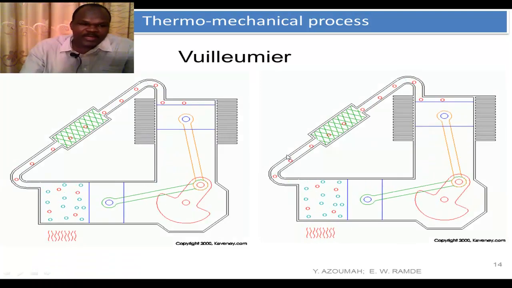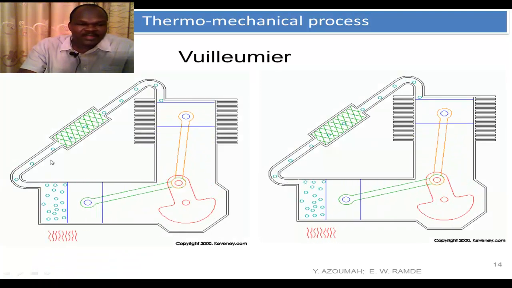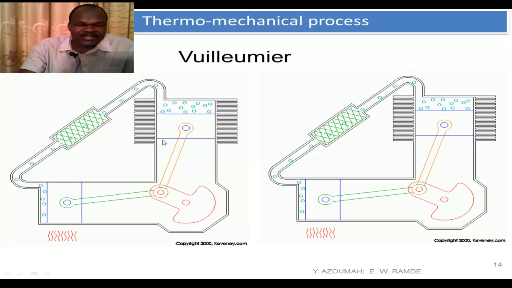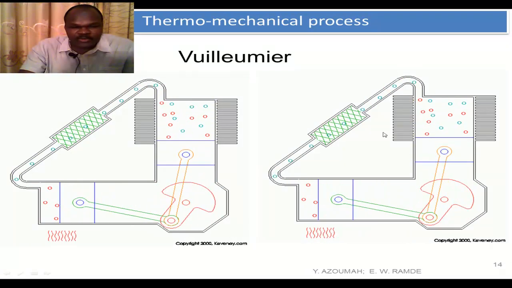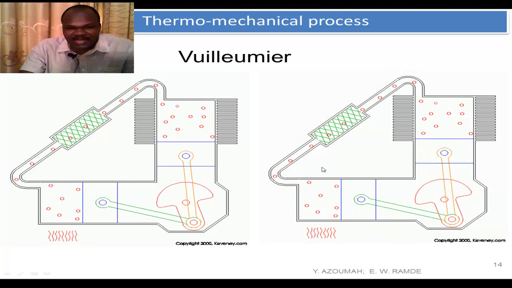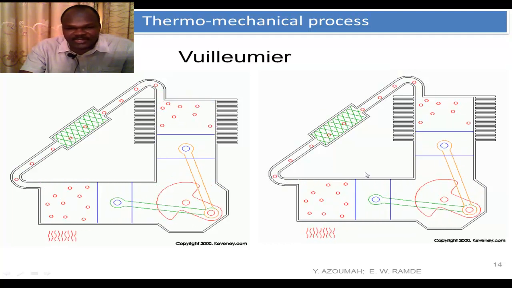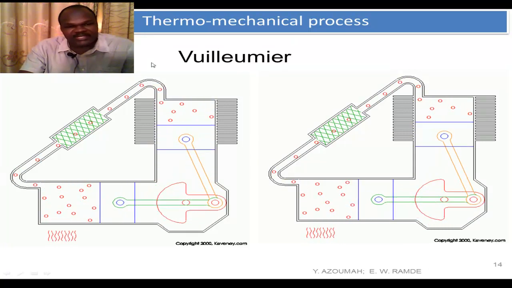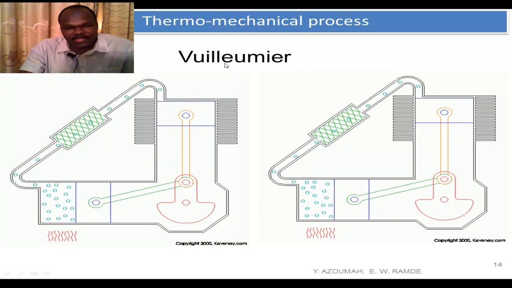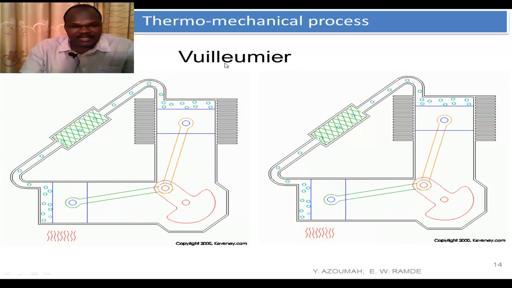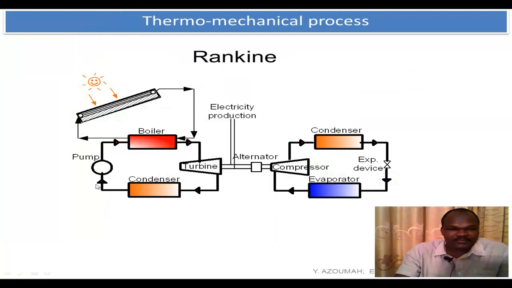The same way, if you have a Stirling engine producing mechanical power, this mechanical power could be used in a reverse Stirling engine to create cooling, and that machine is called a Vuilleumier machine. Okay, exactly like this one, creating mechanical power and using it to power a vapor compression machine.